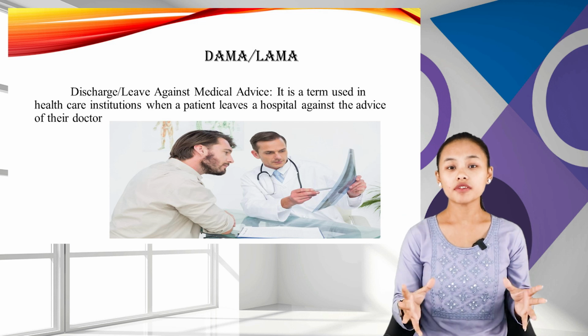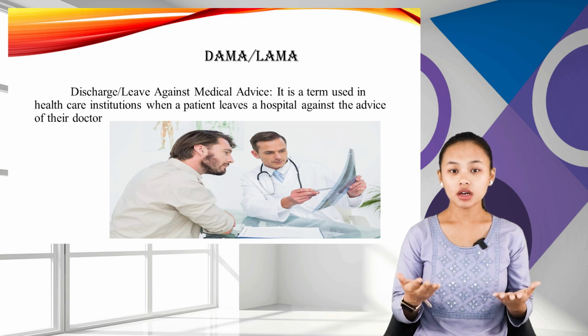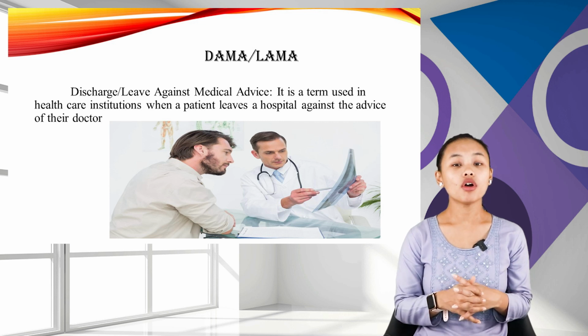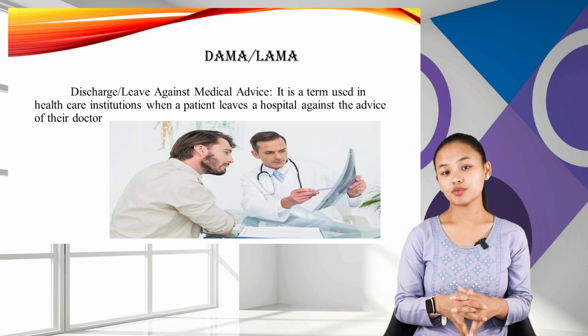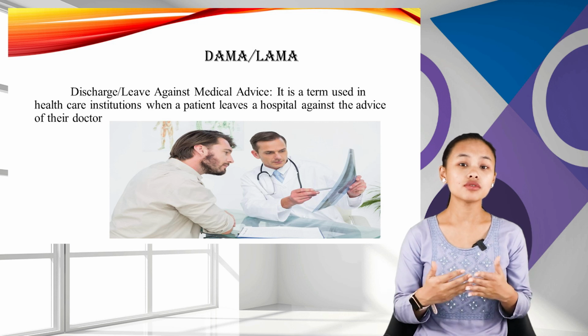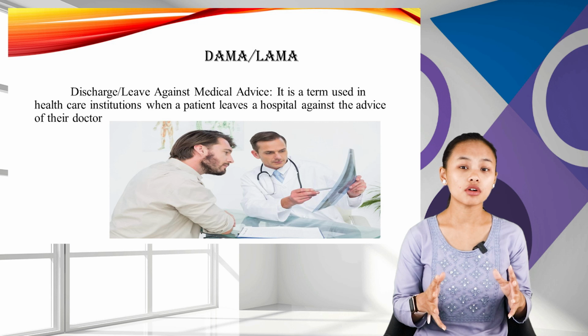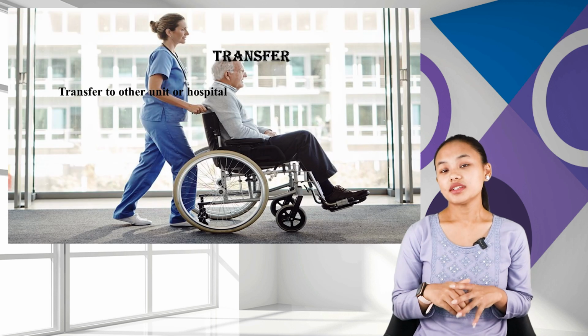After everything has been explained, you must take their signature on the consent letter as proof that if anything happens to the patient, you or the entire institution is not responsible for that.